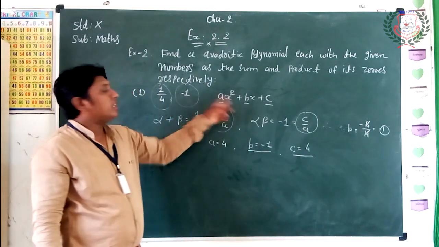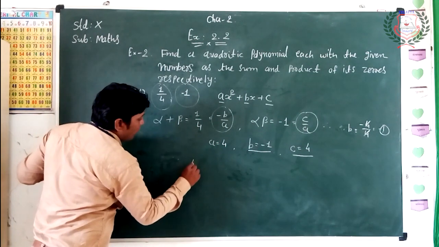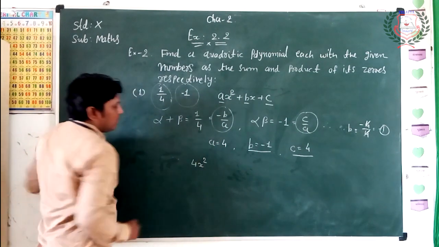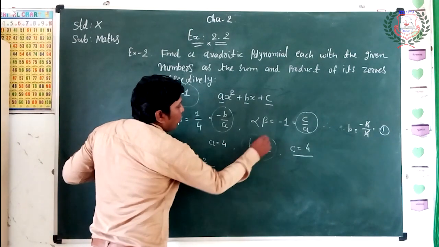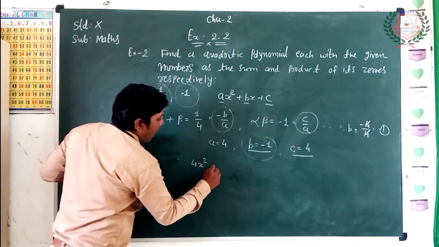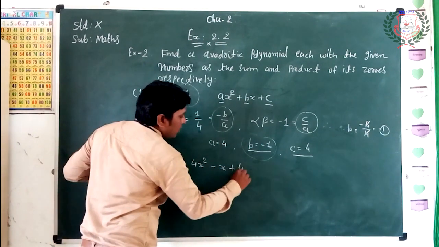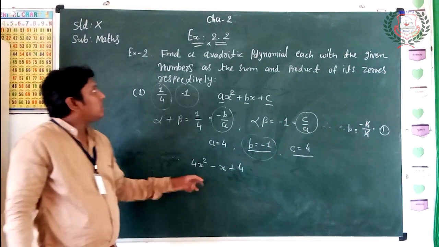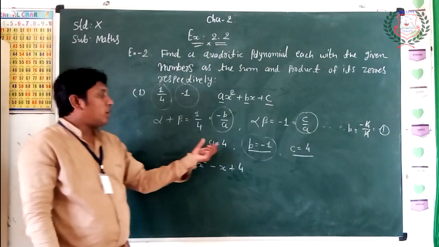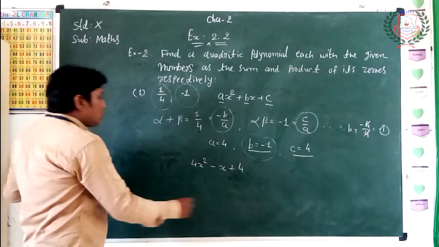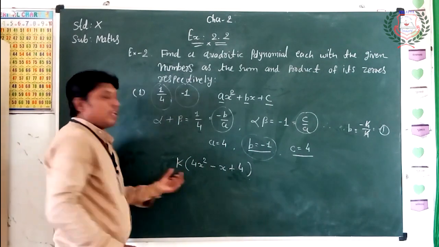Now put them in the standard form. So 4x square plus, the value of b is minus 1, so you take minus x, and the value of c is 4. So you get the quadratic polynomial like that. When you change the value of a, you can also take k.